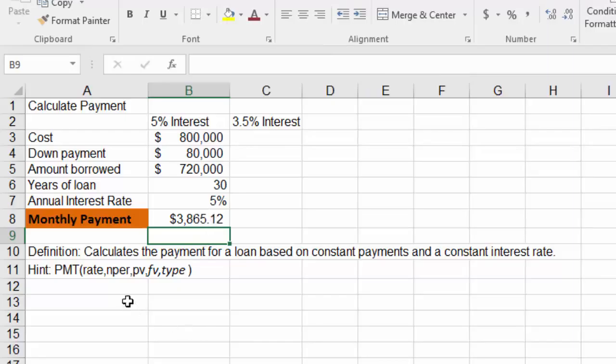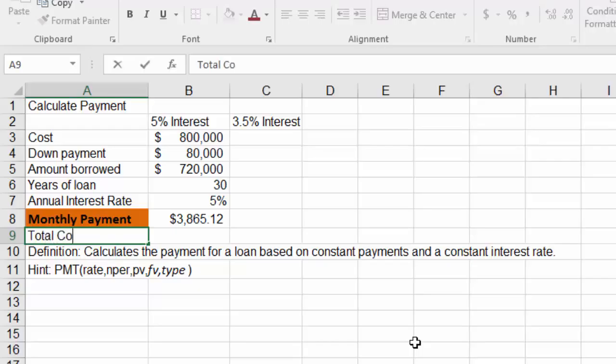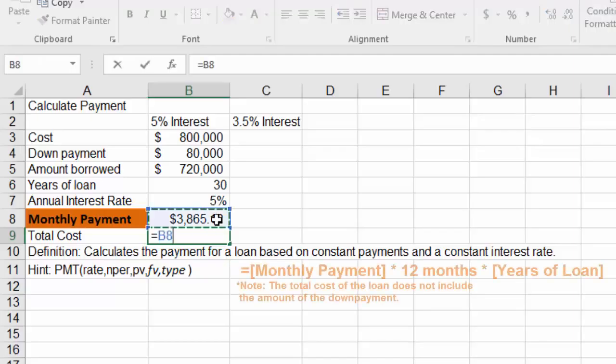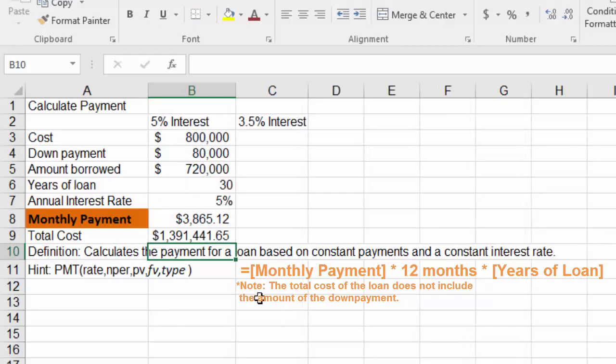Well, let's see how much the total cost. So let's go ahead and click in A9 and we'll put total cost. I want to know how much I'm spending. So that would be equals, simple math, how much I pay every month multiplied by 12 months a year multiplied by B6, how many years I am taking the loan out for, and I hit enter.